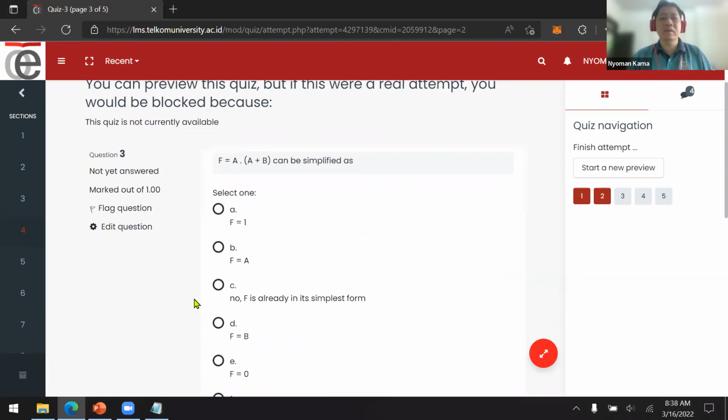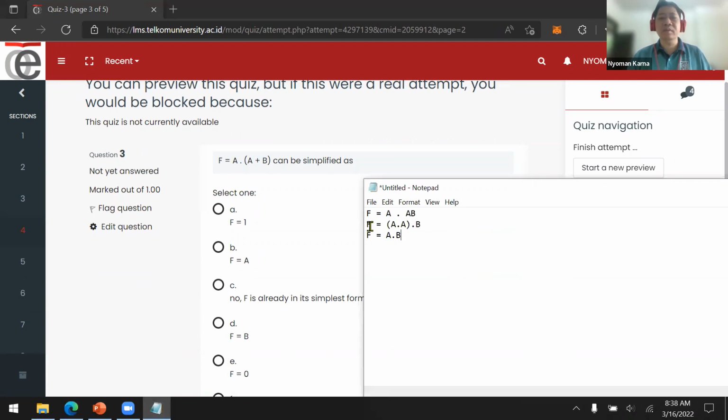Now, question number 3. A times (A plus B). In here, we can redesign the function to become an SOP, because this one is POS.